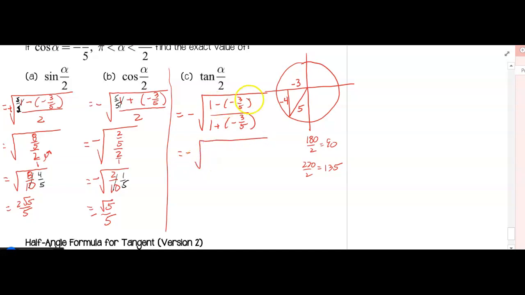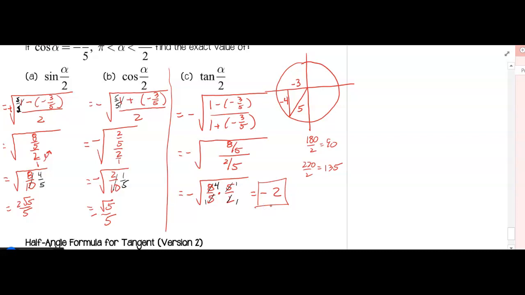So it's 5/5 plus 3/5, which is 8/5, divided by 5/5 minus 3/5, which is 2/5. So that gives us negative square root of 8/5 times 5/2. Let's do a little reducing. Those cancel out and become 1s. This is a 1 and this is a 4, so we end up with the square root of 4, which is just negative 2.